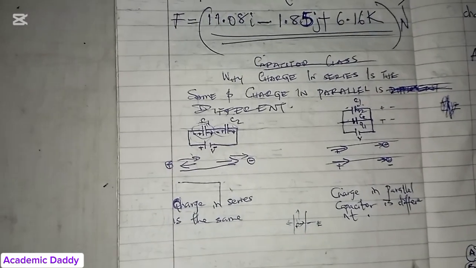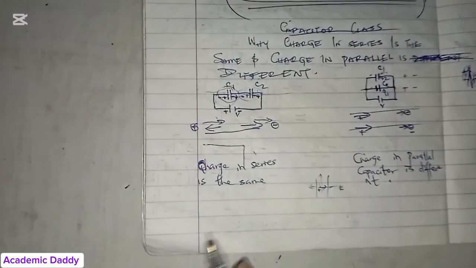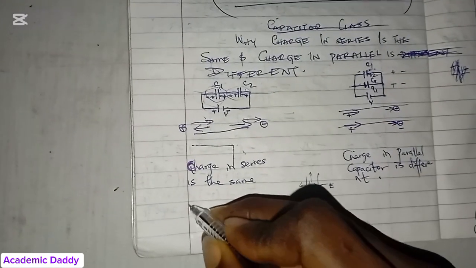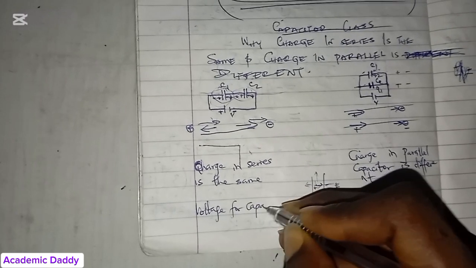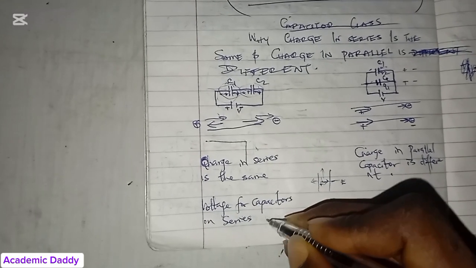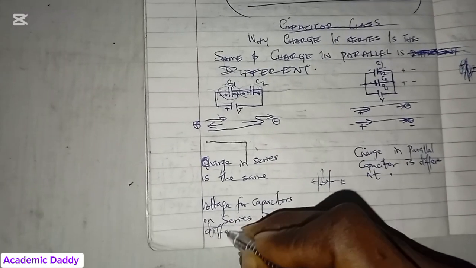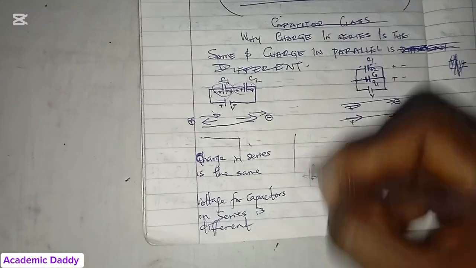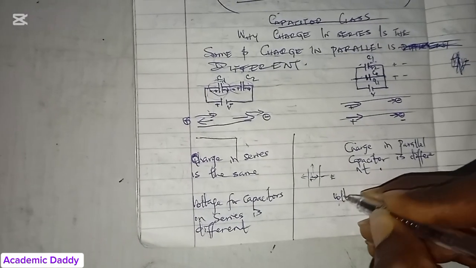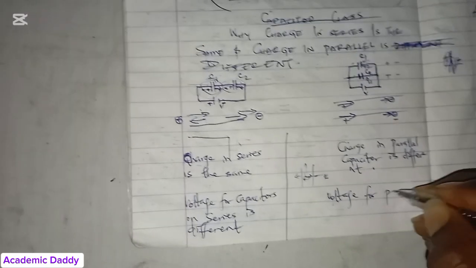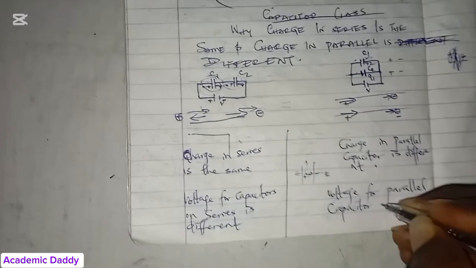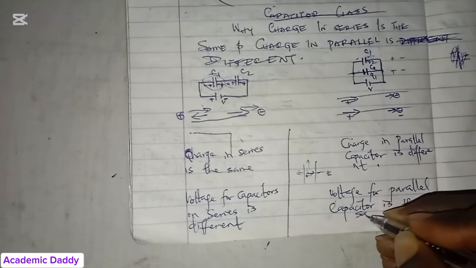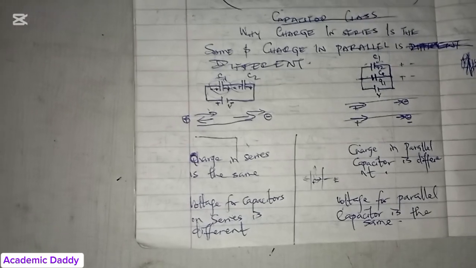So I don't know how else to explain it, but just use this now to remember it and think about it from different angles, so that you know that voltage for capacitors in series is different, while voltage for parallel capacitors is the same. So you need to know that.